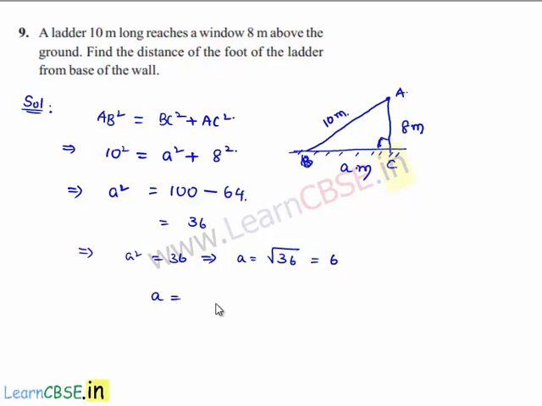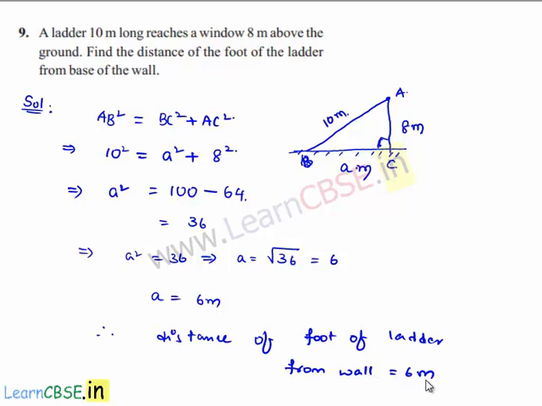Therefore, we got a equal to 6 meters. Therefore, the distance of the foot of the ladder from the wall is 6 meters.